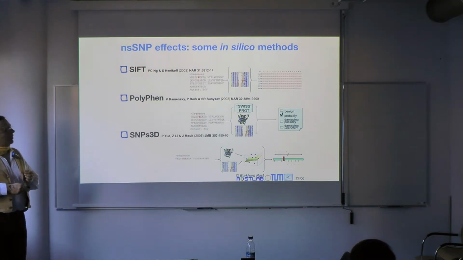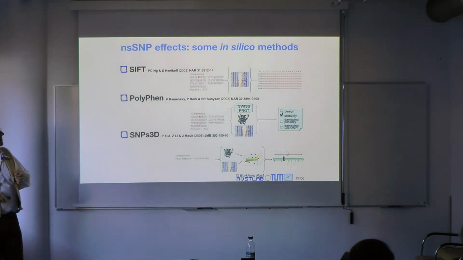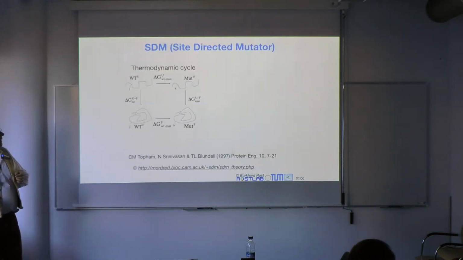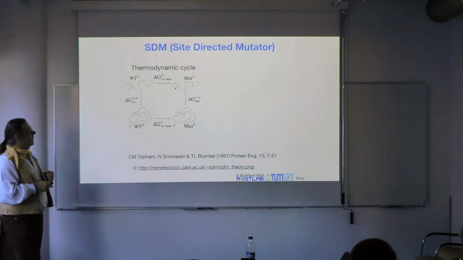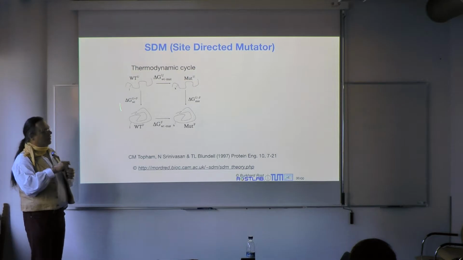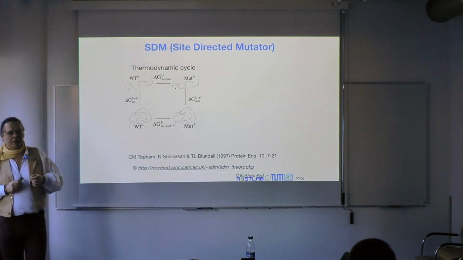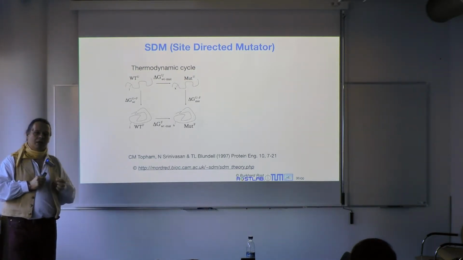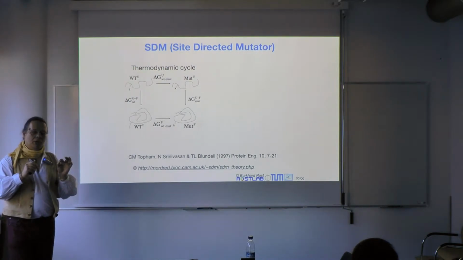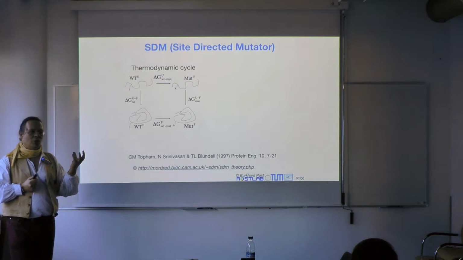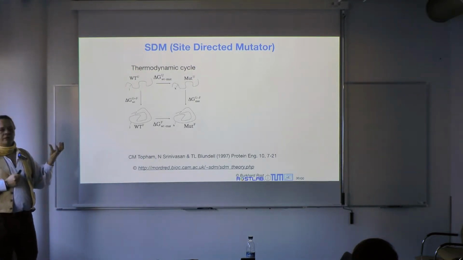When Jana started her project, those in fact were the dominant methods that were available, and here's another one. The SDM, site-directed mutator, comes from the Blundell lab, and that in fact goes back to the thermodynamic cycle. That idea is that some residue mutations simply change the environment of a residue more than others, for instance, the size of a residue.